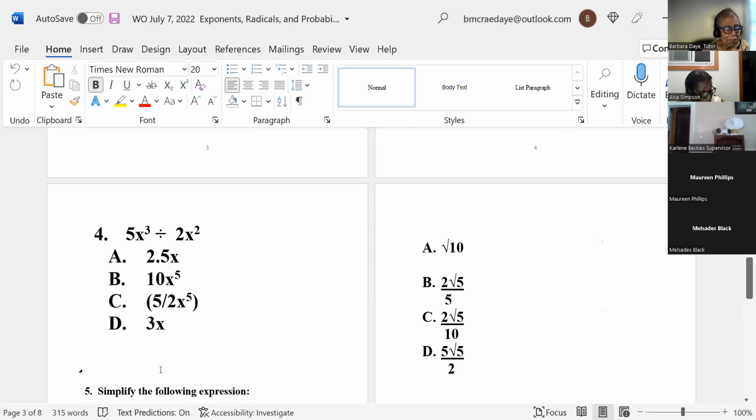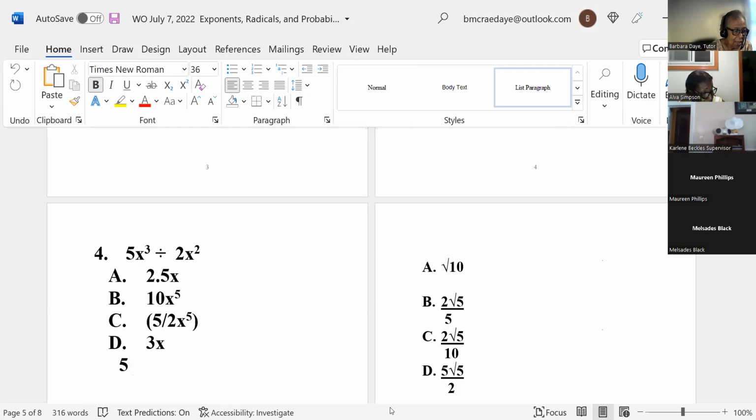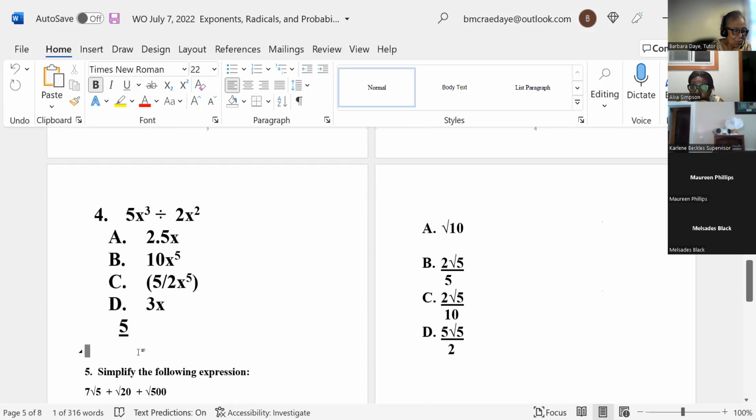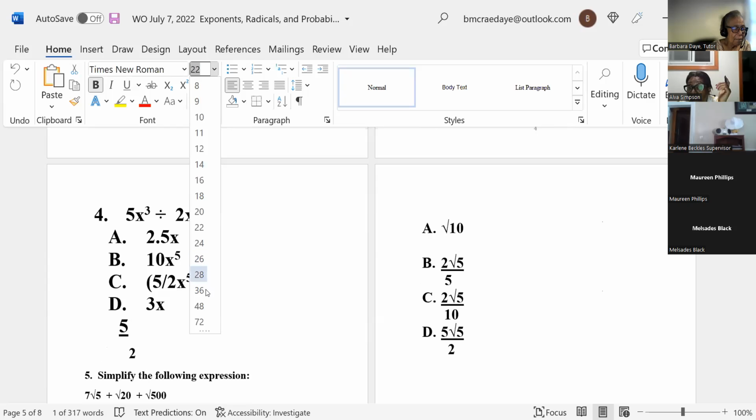So what you're left with is 5 over 2, 5 divided by 2, 5 halves. Subtract the 2 from the 3, leave 1.